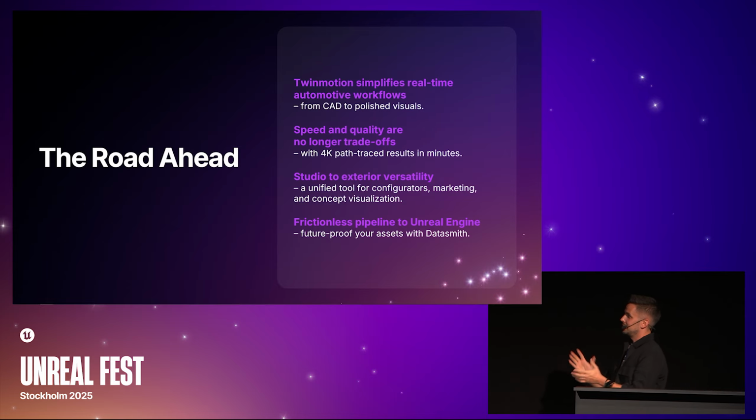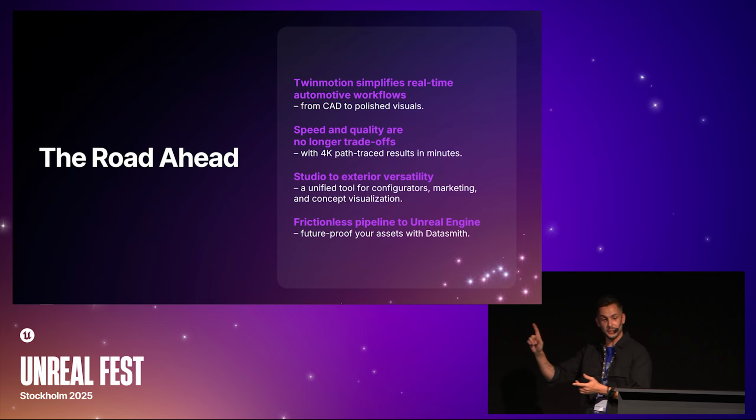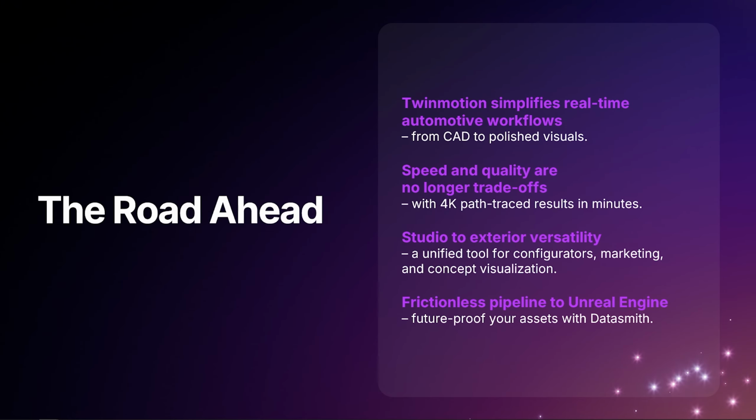And last but not least, the Datasmith pipeline, which is really cool because you're always going to have some people wanting to do a bit more in terms of programming and so on. So you can easily send that off to the Unreal Engine team and do all the blueprints and coding and all of that if you want to. But this is a really, really good starting ground.